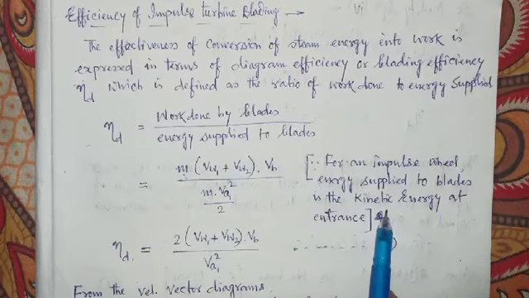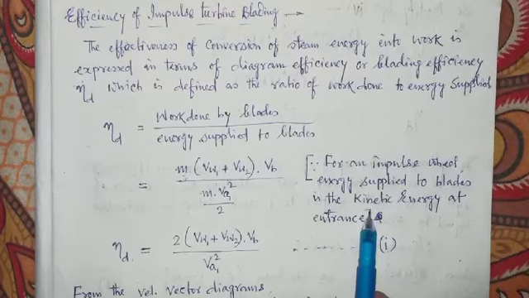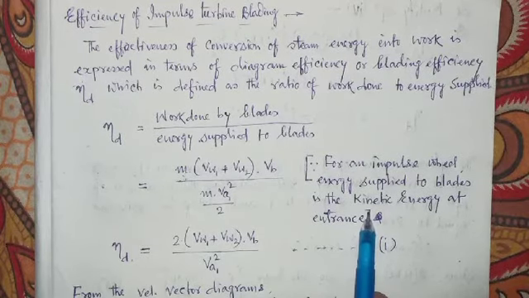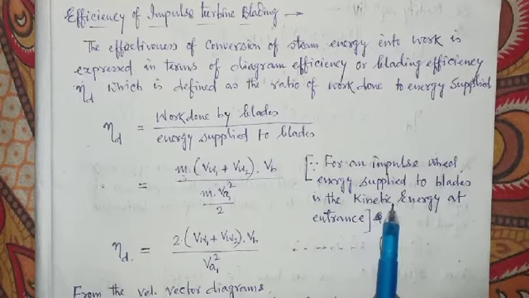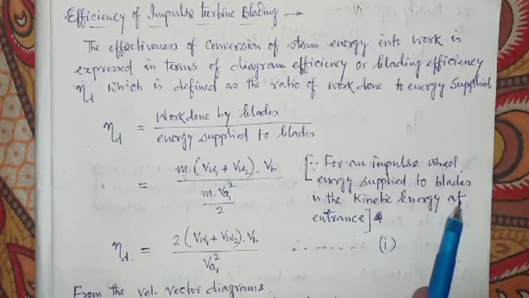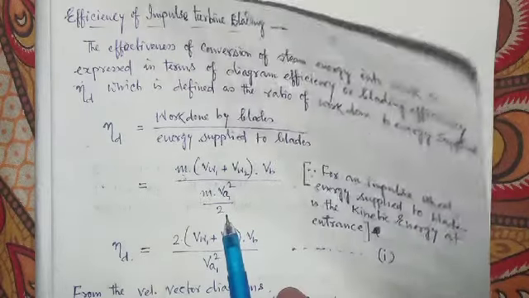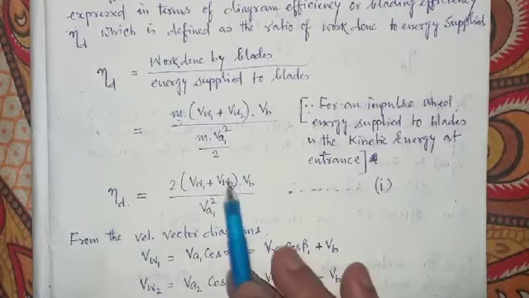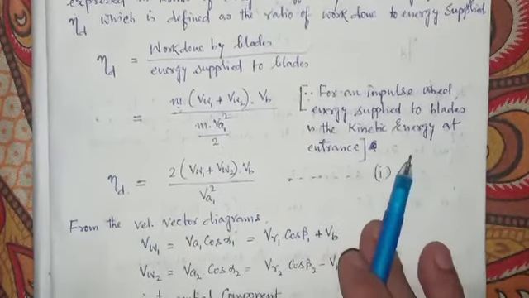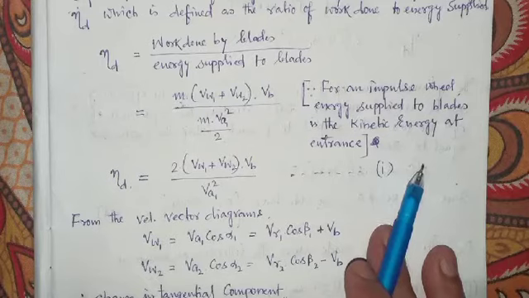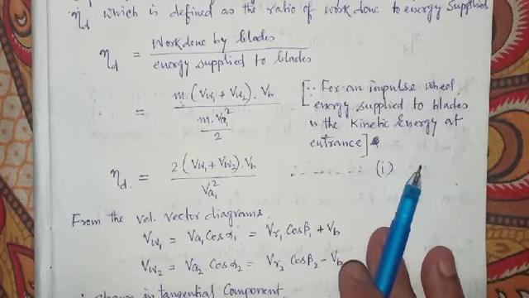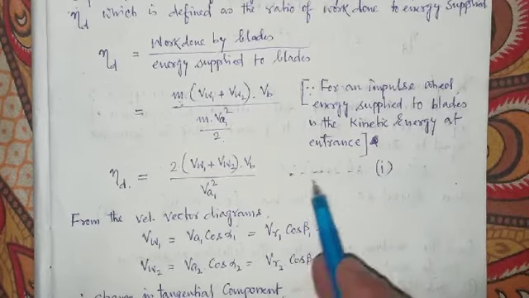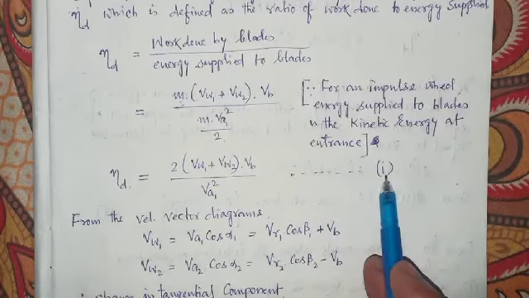This is on the assumption that the kinetic energy of steam leaving the blade is totally wasted. That is why we have considered only the kinetic energy at the entrance. My expression will be simplified like this. So this is equation number 1.